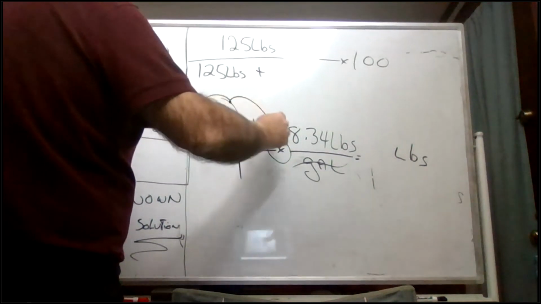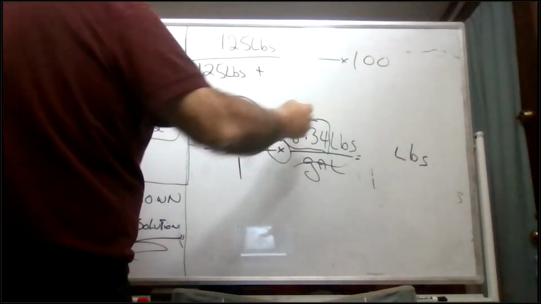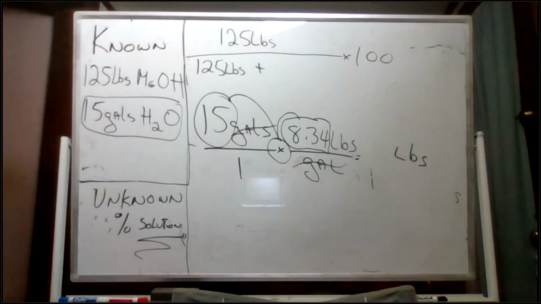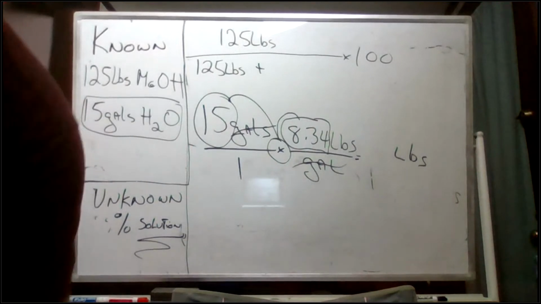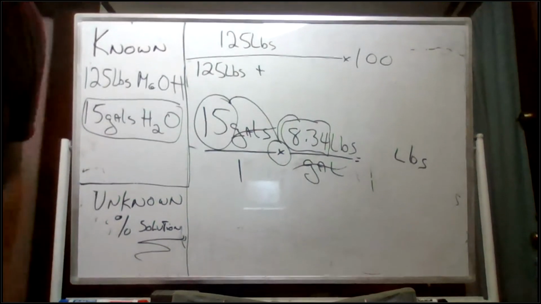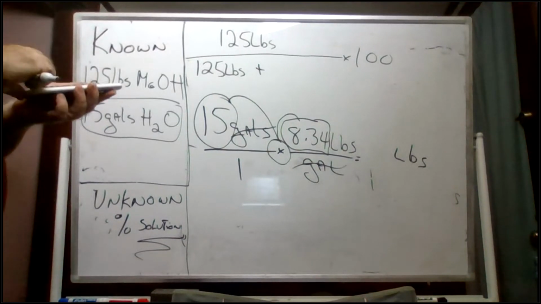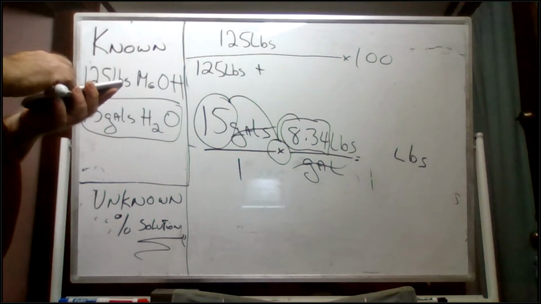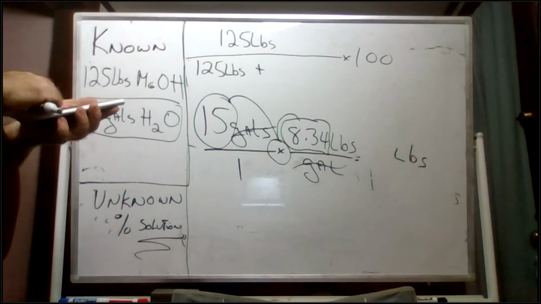So it becomes 15 multiplied by 8.34, and you're going to be left with pounds. And then, of course, you're going to multiply that by 100. So 15 times 8.34.